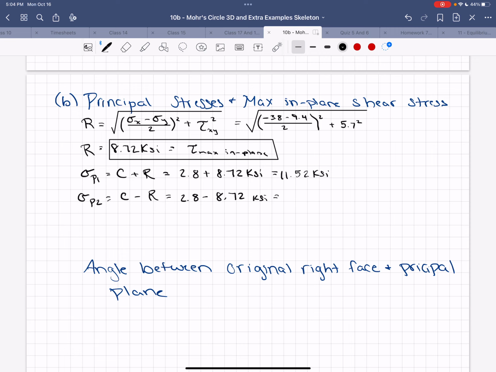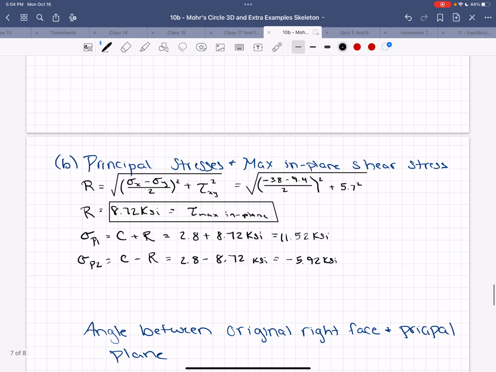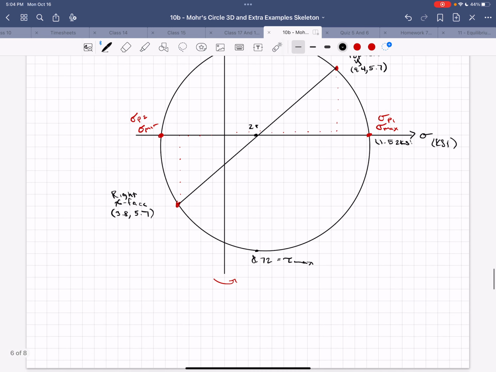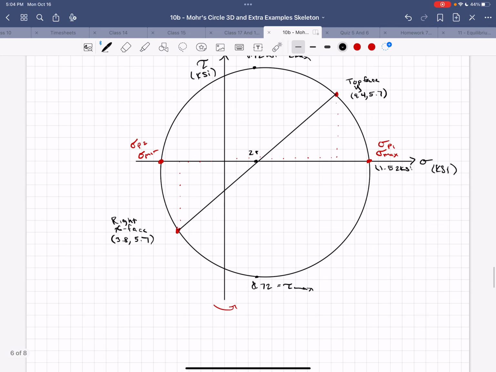So now we get negative 5.92 KSI. So it better be negative. It is. It's over here. So this is 5.92. And that checks out because this is 3.8. And that seems about right. So all that's good. All right.